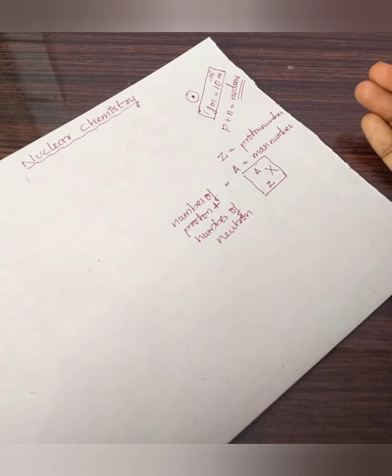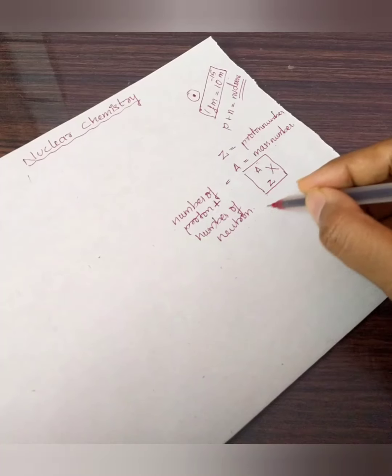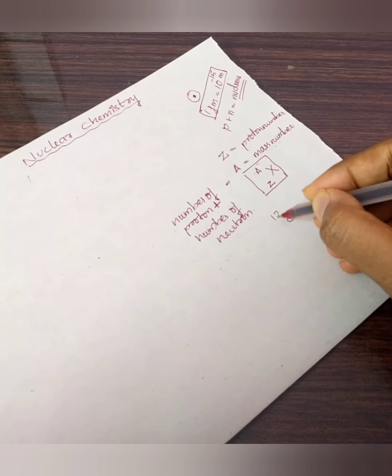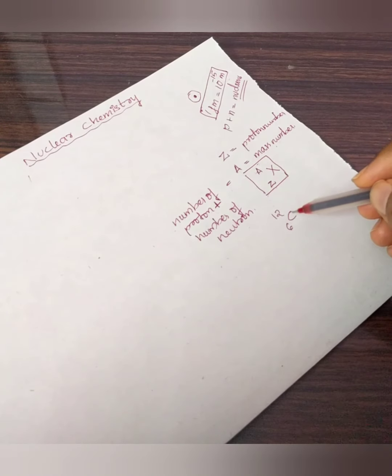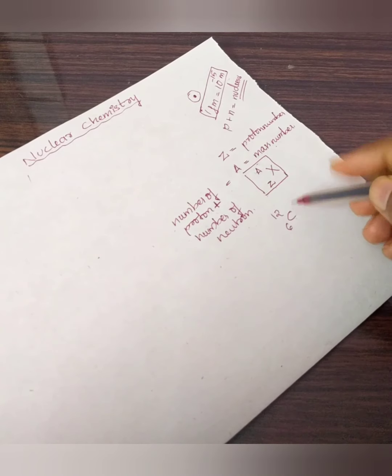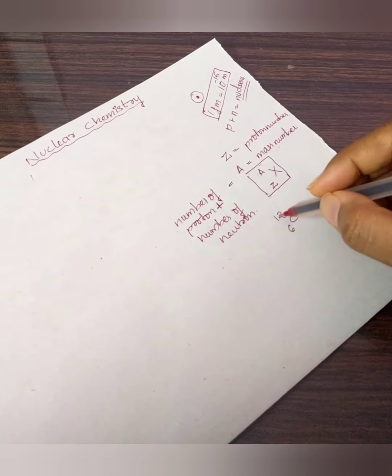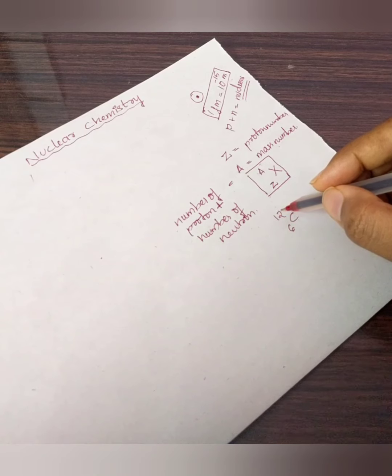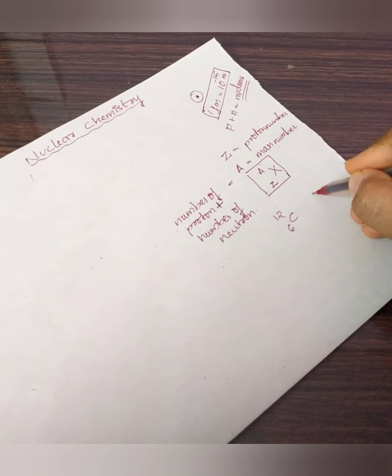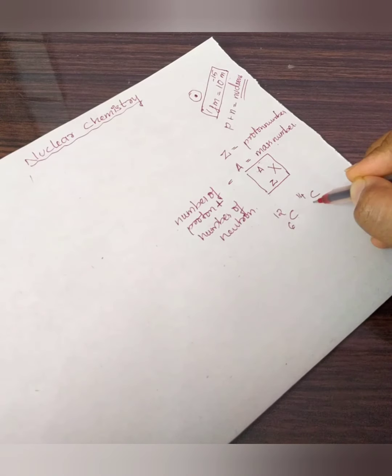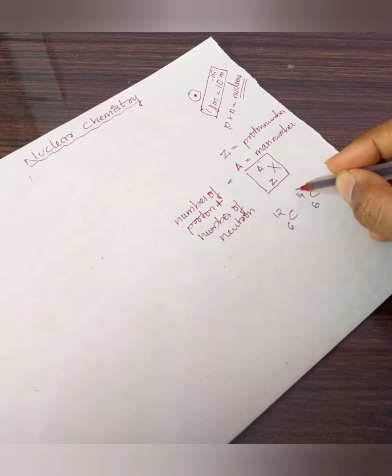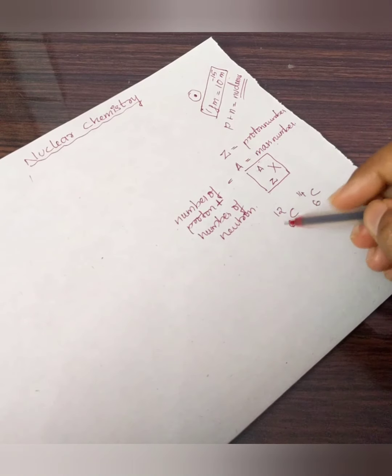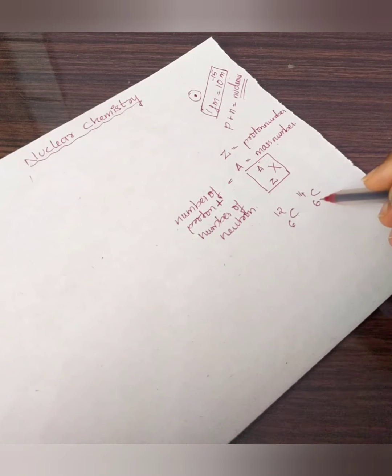As an example, we can write carbon as 12 and 6. This is the general representation of carbon which has a mass number of 12, and there is an isotope of carbon which has a mass number of 14. So these are two different nuclides of carbon.